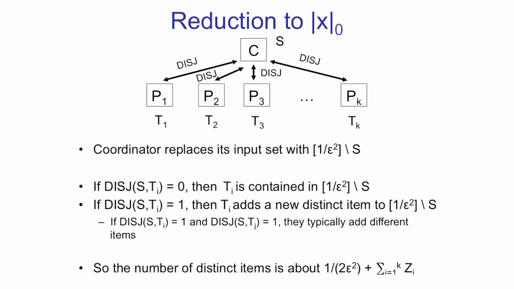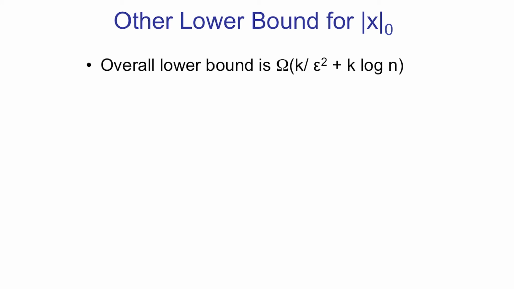Does it make sense? So that's the whole proof. Therefore, this requires k over epsilon squared bits of total communication. Okay, good. No questions. I'm going to move on to something else.